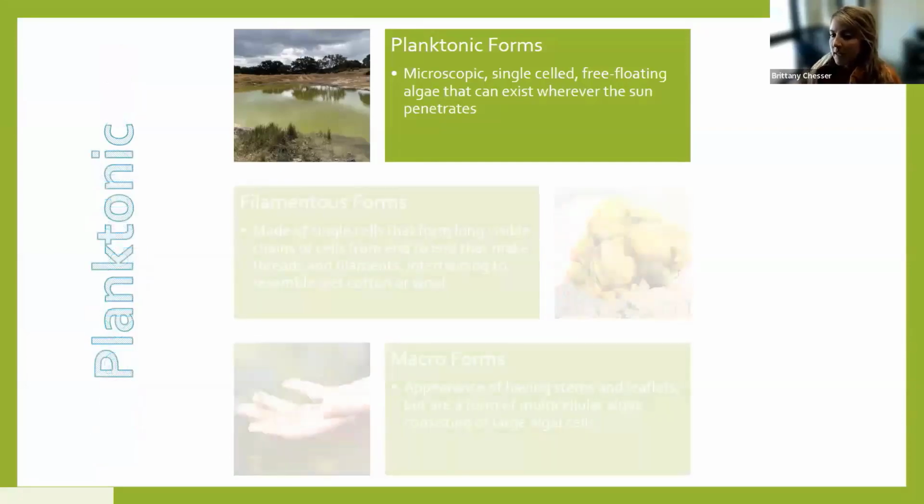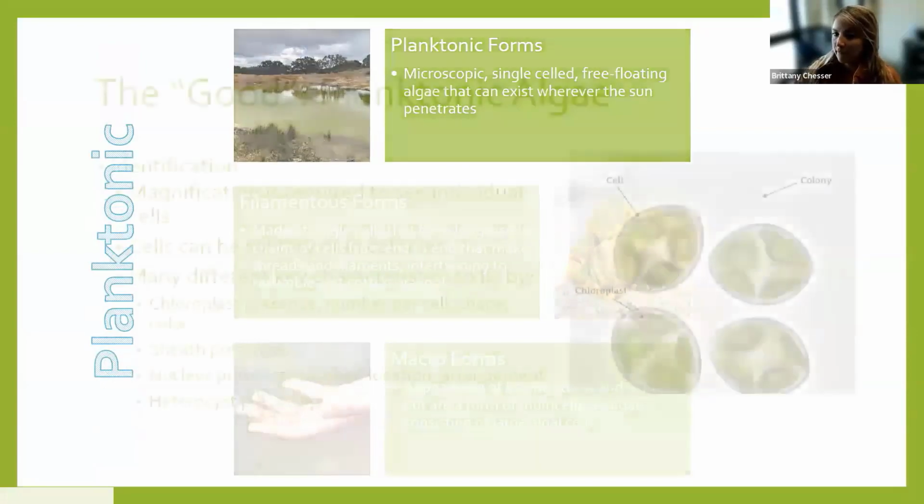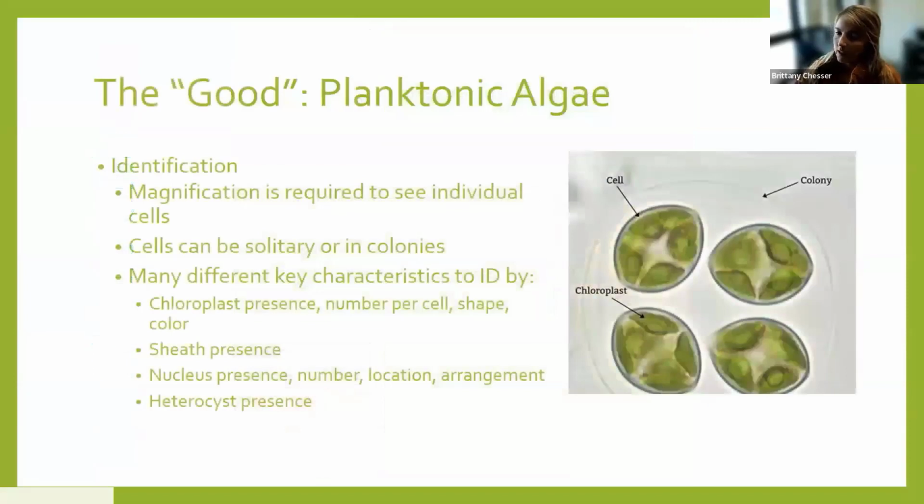So we're first going to begin with what can be deemed as good. This is going to be our planktonic algae. Because they are microscopic, identification does require a microscope to see cells or colonies. There are many different key characteristics to ID, including chloroplast presence, number per cell, shape, or color.